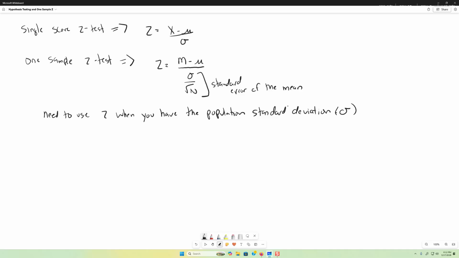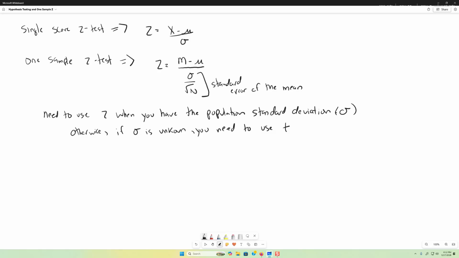So if you know sigma, you're going to use z. If you don't know sigma, otherwise, if sigma is unknown, you need to use t, the t distribution. But if we know sigma, we're going to use z, and that's what we're going to focus on today.